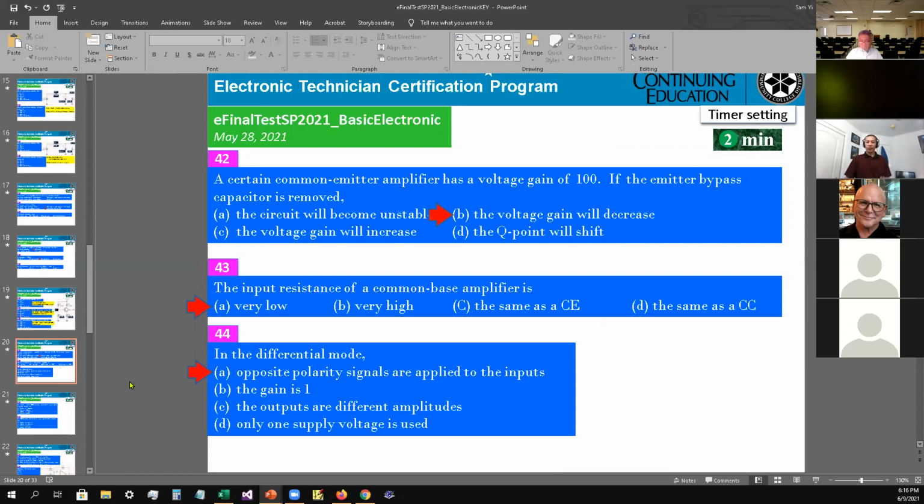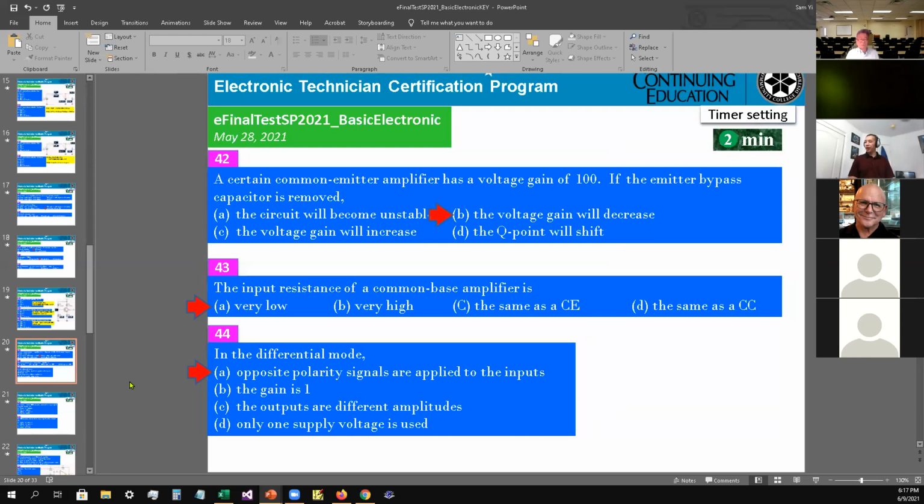What happens to the voltage gain? It decreases, because there's no bypass, so some of the voltage is going to be fed back into the input, and so therefore you're going to subtract. If you take the V out divided by the V in, it's going to be a smaller voltage gain. Okay, so the answer is B, as in boy, for number 42.